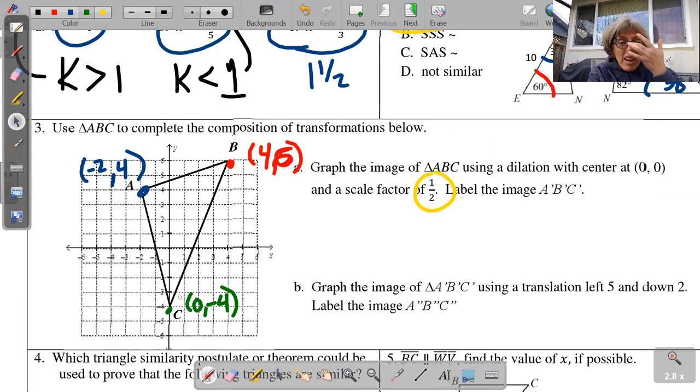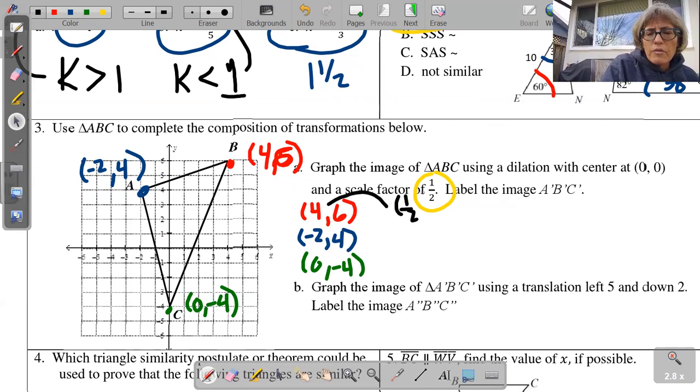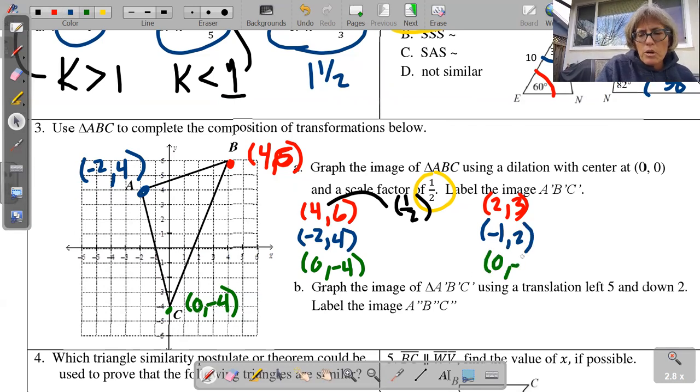So scale factor 1/2 means you're shrinking. So you multiply all of them, 4 and 6, -2 and 4, 0 and -4. You multiply everything by 1/2. Multiply by 1/2, basically divide by 2, and what do you get? Well, this you're going to get 2 and 3. This one times 1/2, divide by 2, -1 and 2, and then of course that's 0, -2.